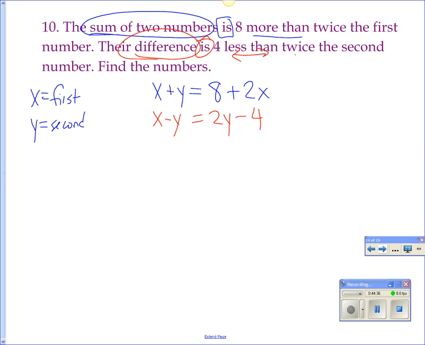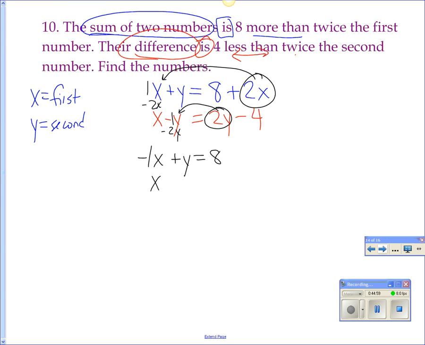Okay, here we go. 2x got to come over here, which makes it negative 2x. 1 minus 2 is going to be negative 1x plus y equals 8. On the bottom, 2y has to come over. So that's going to be x.